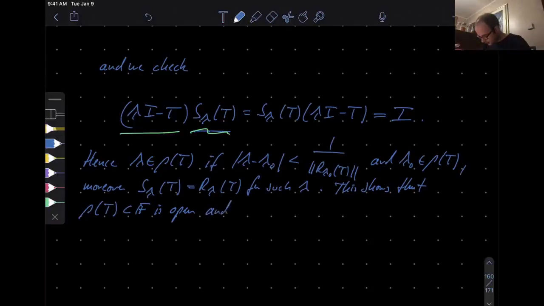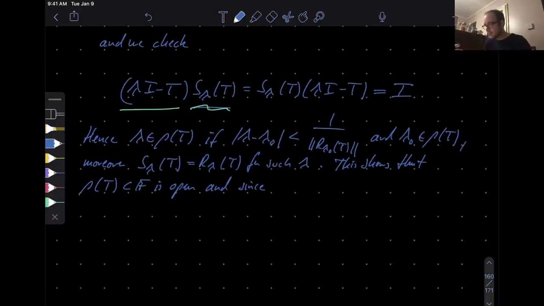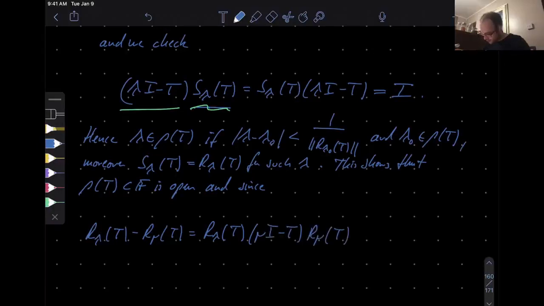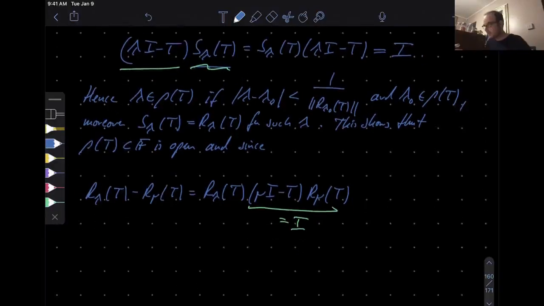And so, how to get the resolvent identity? Okay, that's super easy. So R_λ(T) - R_μ(T) is equal to what? Okay, so here a little bit of trickery. R_λ(T), I multiply by the identity, but I write the identity as this. Notice here, this here is equal to the identity, because the resolvent is precisely (μI - T) inverse. And you do a similar thing for the second factor, so minus R_λ(T), and then here the line continues here.